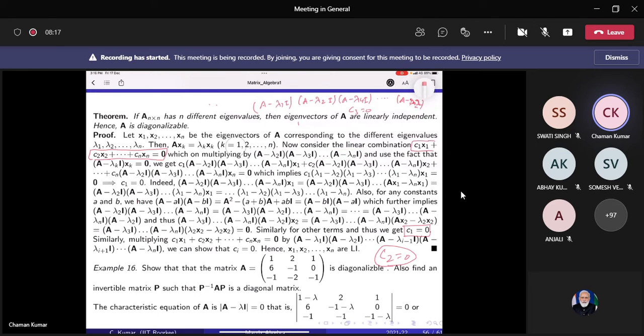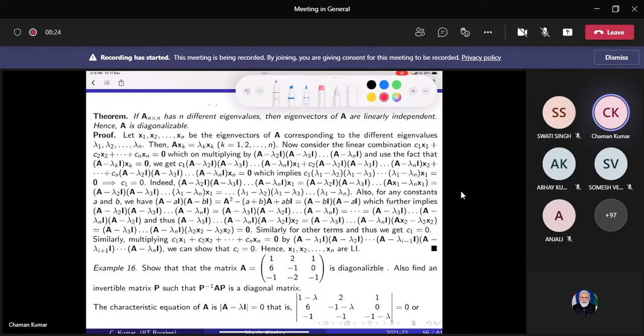By repeating this process again and again, one can show that each of these Ci's are 0. So we started with a linear combination of the eigenvectors x1, x2, ..., xn, and we are able to show that the coefficients Ci are 0 for all i: C1 is 0, C2 is 0, C3 is 0, and so on, Cn is equal to 0.